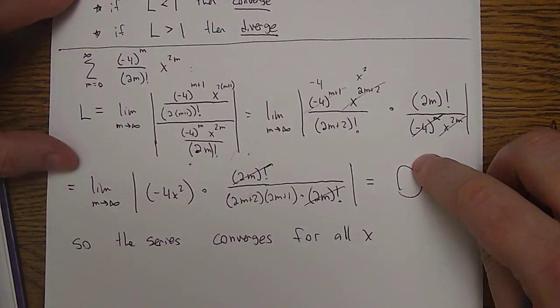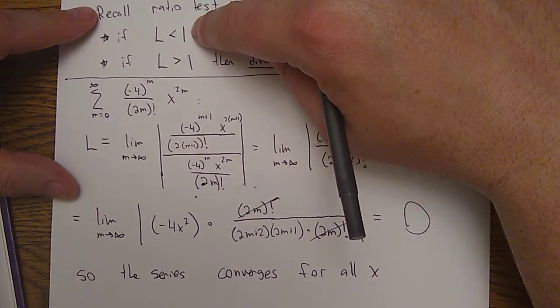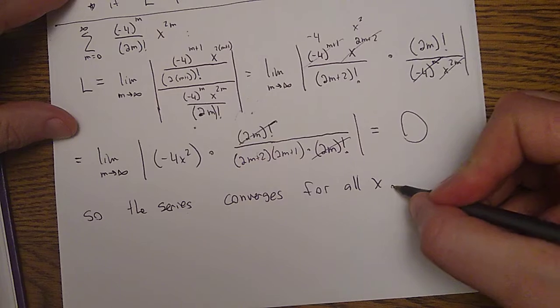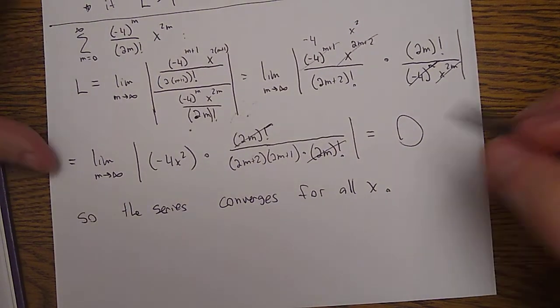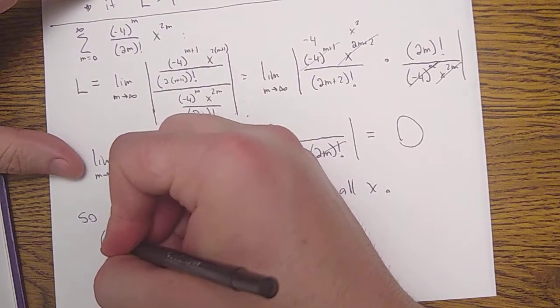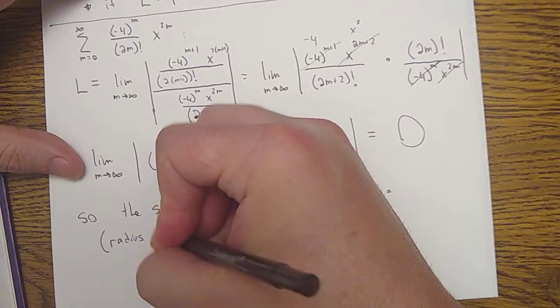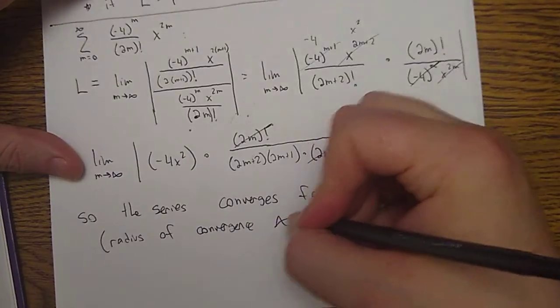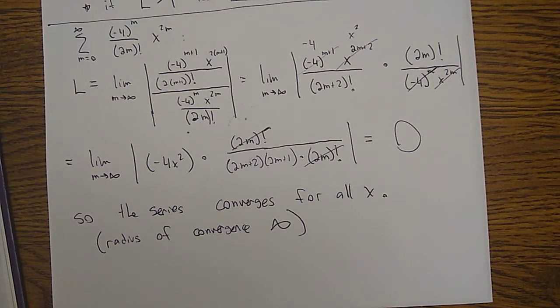Because L was always 0, and the series converges as long as L is less than 1. So we would say the radius of convergence is infinity. We say the radius of convergence is infinity if it converges for all x.